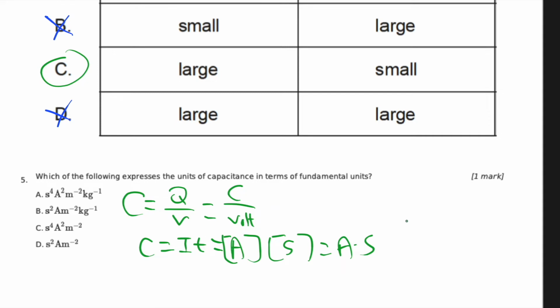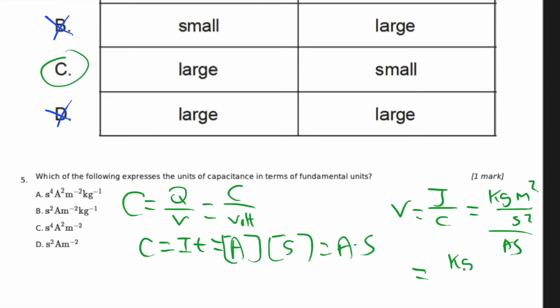And voltage here, voltage is equal to energy over charge, so joule over charge, and joule has the SI unit of kilogram times meter squared over second squared, and charge has the SI unit of coulomb, so A s, and this is equal to kilogram times meter squared over ampere times second cubed, right? Now you can calculate the SI base unit.